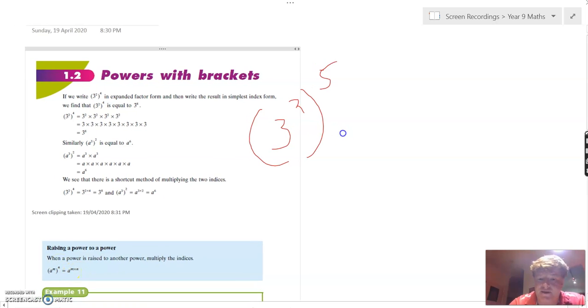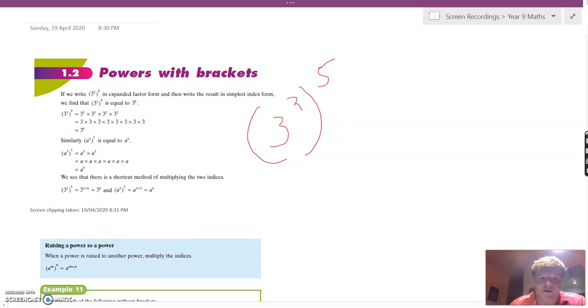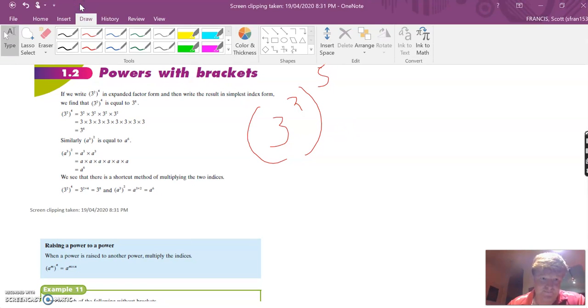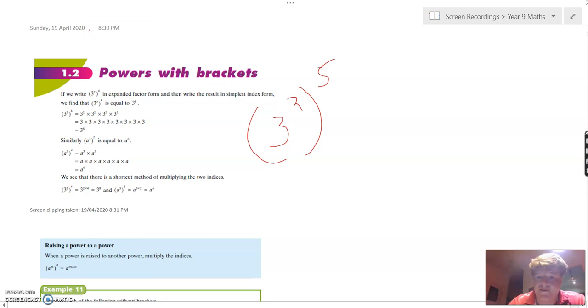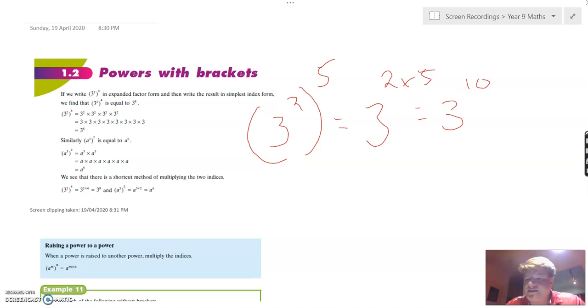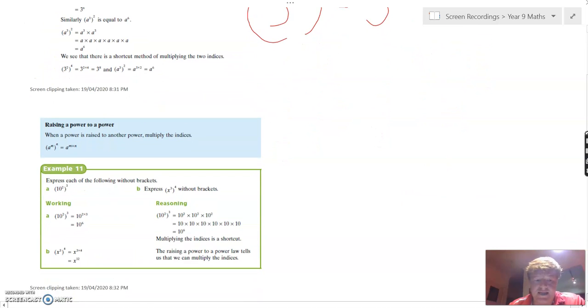So it's going to be 3 to the 2 times 5, which is 3 to the 10. So that's the pattern that we're working with today in some different problems. So let's have a look at some of these exercises.